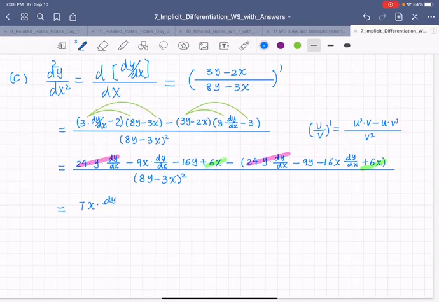Times dy over dx. Who else do we combine? Negative 16y plus 9y equals negative 7y. All right. Have we finished all the top? Yeah. Dy over dx is who?